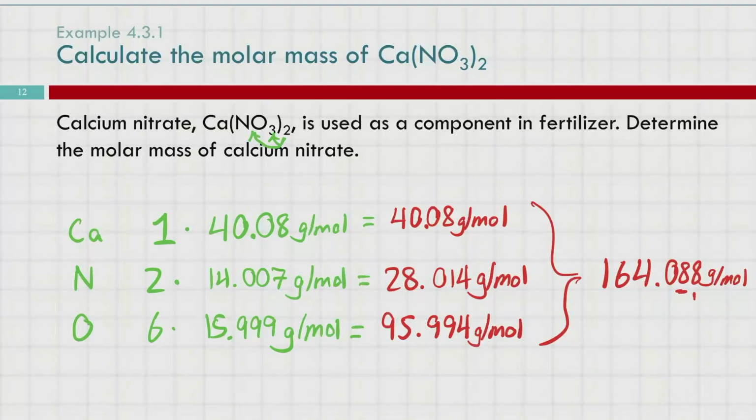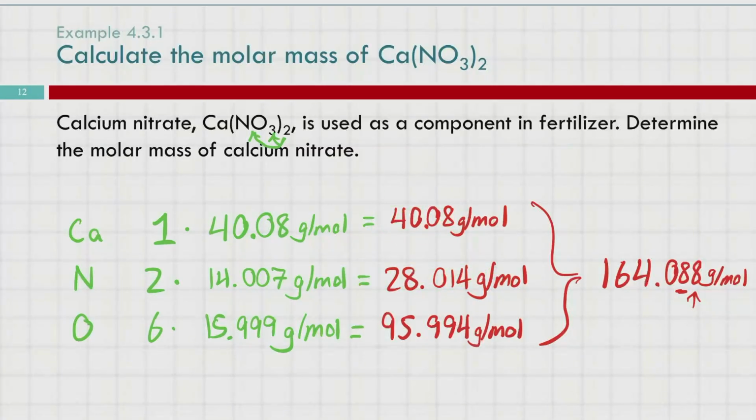It would be 5. So we can do significant figures for these questions. In this case, it's based on this 40.08, so we have to do it for the multiplication first. We don't change any place values when we do the 6 times 15.999, so this retains its 5. This stays as 5. The 40.08 is 4.